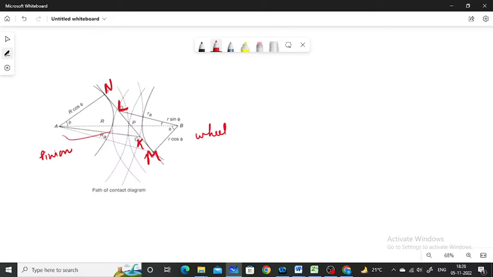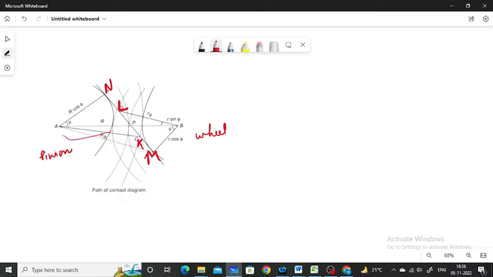The point K is the intersection of the addendum circle of the wheel and the common tangent. The point L is the intersection of the addendum circle of the pinion and the common tangent. First is the base circle, then the pitch circle, then the addendum circle.